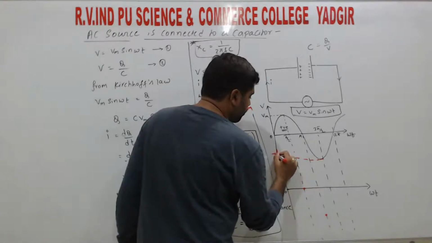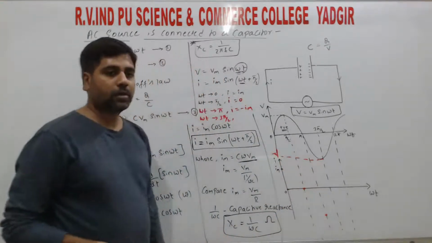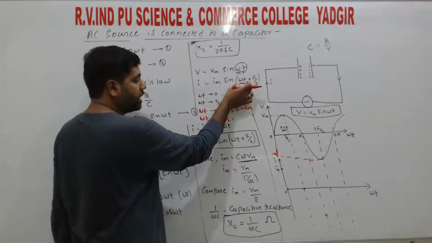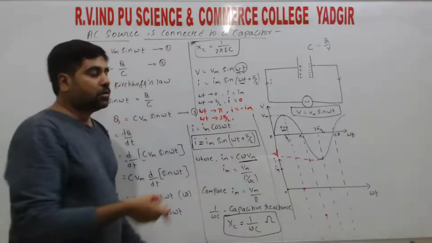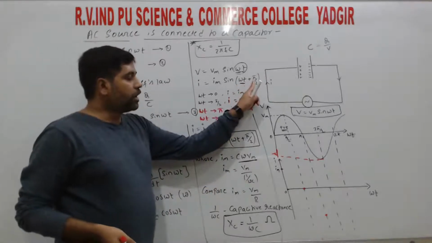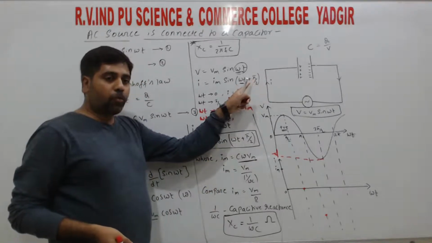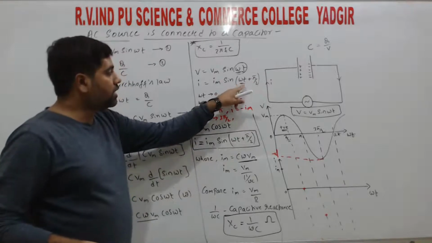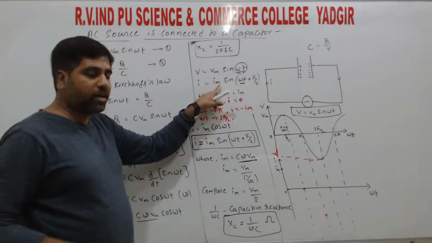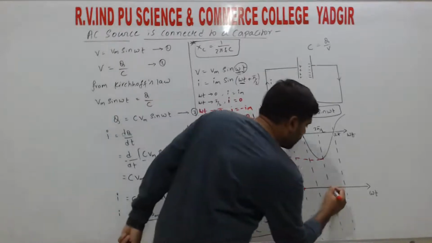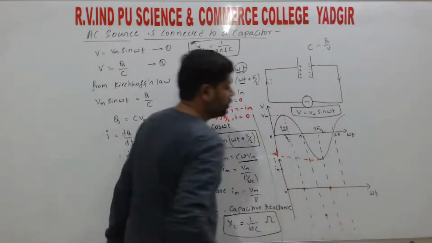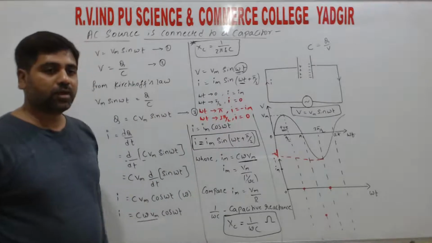Similarly, if we substitute 3 pi by 2 plus pi by 2, that is 4 pi by 2, which is 2 pi. Sin 0 is 0, so 0 into Im is 0, so we get I equals 0 here.